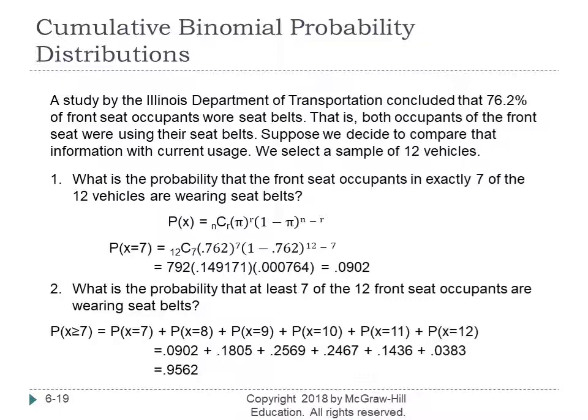Again, this is definitely something you need a calculator for. 12 choose 7 is 792. This number 0.762 raised to the power 7 is equal to 0.149171. The third number would be raised to the power 5, and the result should be 0.000764. The product of all those numbers is 0.0902.